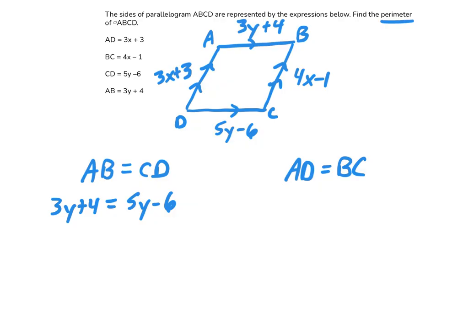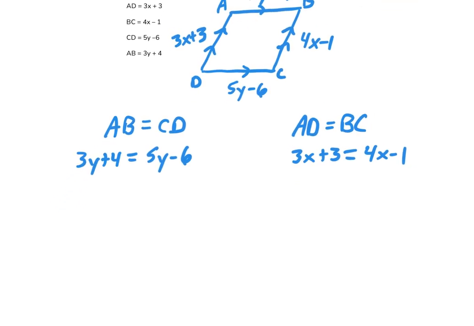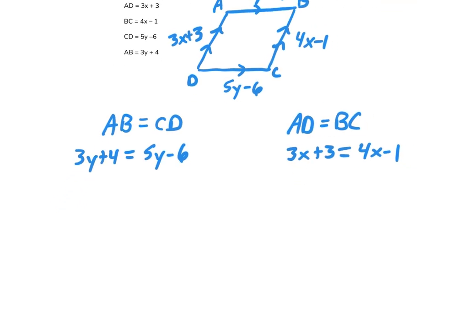No, it's just y, right? So can we solve that equation for y pretty easily? Yeah, okay. Over here, AD is 3x plus 3. BC is 4x minus 1. Same thing. This equation only has x's in it. This one only has y's in it. So we can solve those pretty easily, hopefully, using our algebra skills.